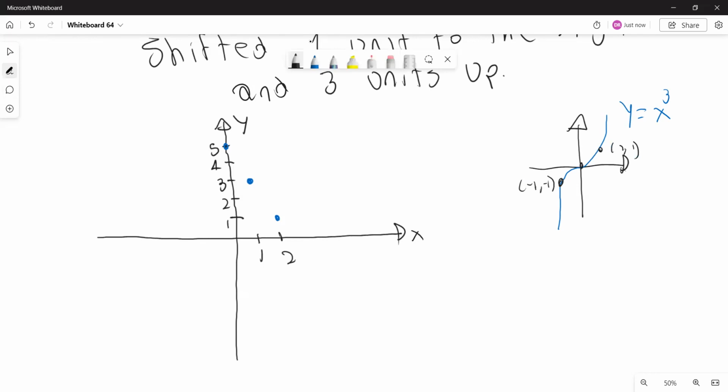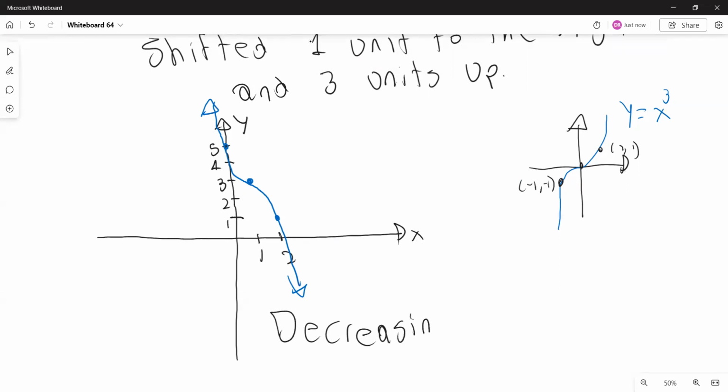So the new graph passes through 0, 5, 1, 3, and 2, 1. So this is an idea of the graph. And finally, the graph is decreasing. It's never going to be increasing. It is decreasing over -infinity to infinity.